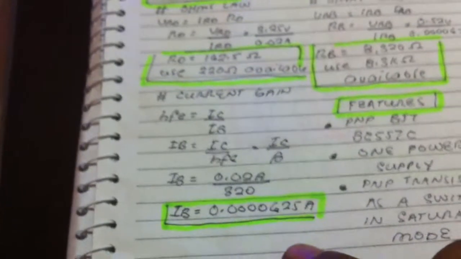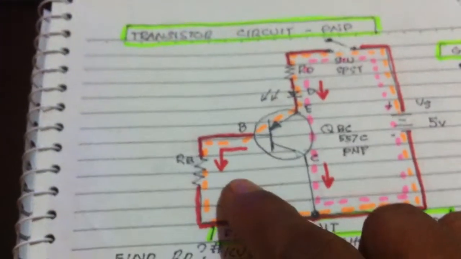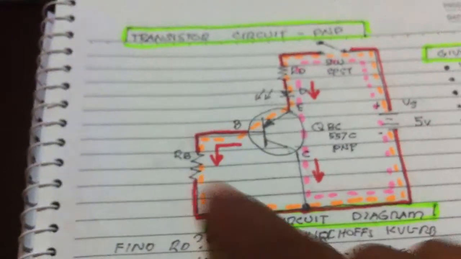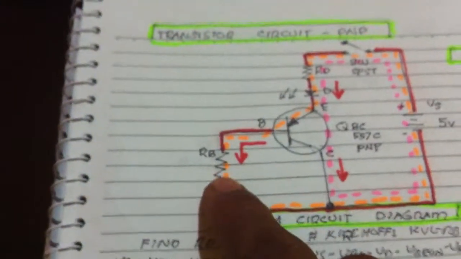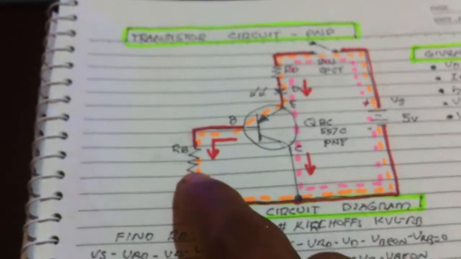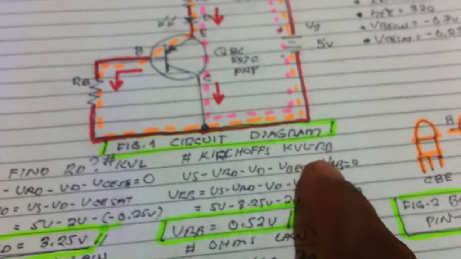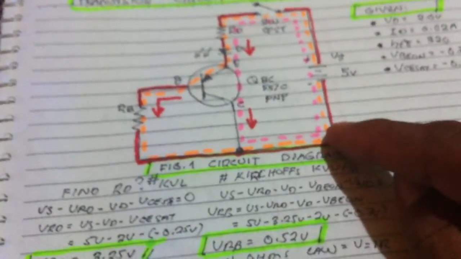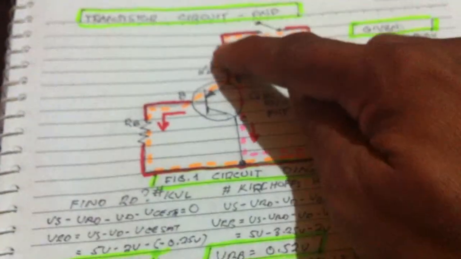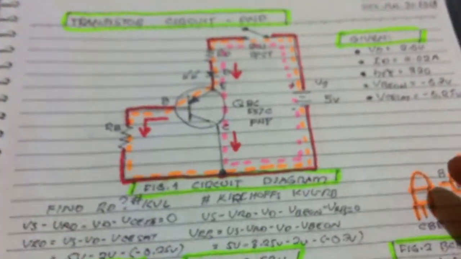So we know the base current. Now we're going to calculate the voltage drop across the base resistor here, RB, using Kirchhoff's voltage law. At RB, just follow the orange line here, and that is the KVL.